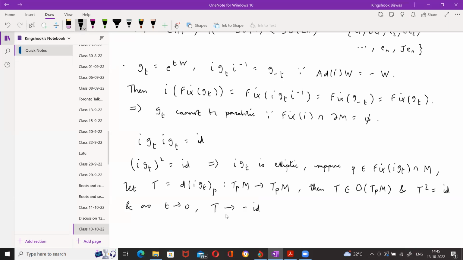Yes, sir. Okay. So this implies that T is equal to minus identity for little t small.